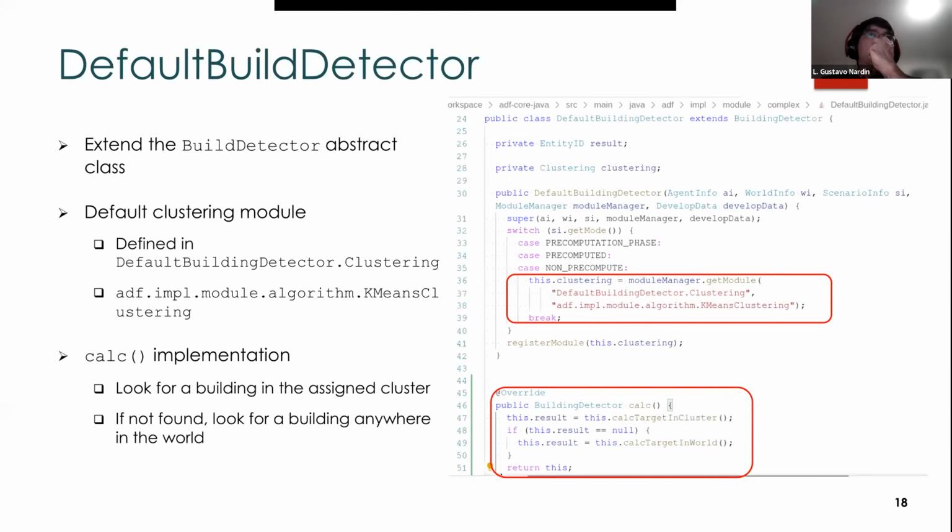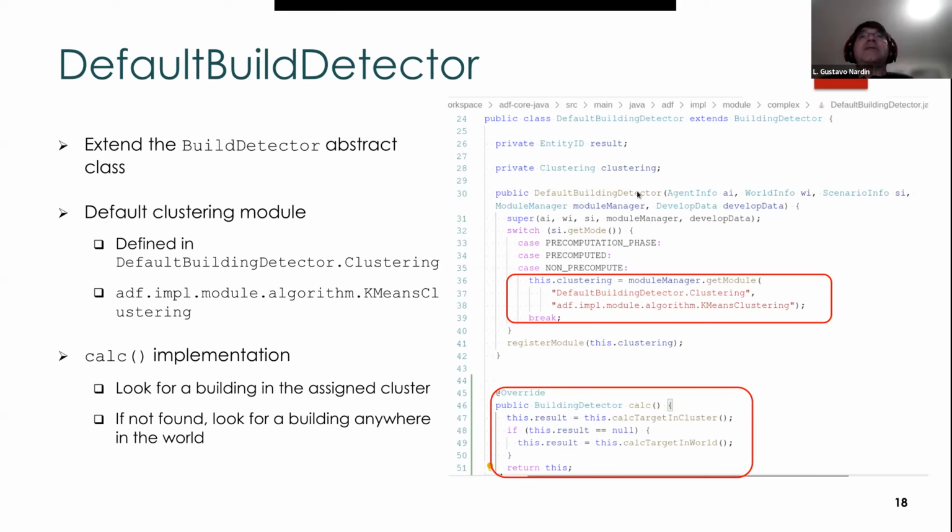Let's see the default building detector. Again, here I forgot the gerund, the building detector. So the default building detector is implemented under the ADF implementation, and it extends the building detector as it should be.